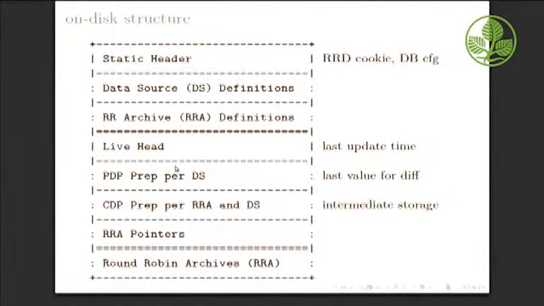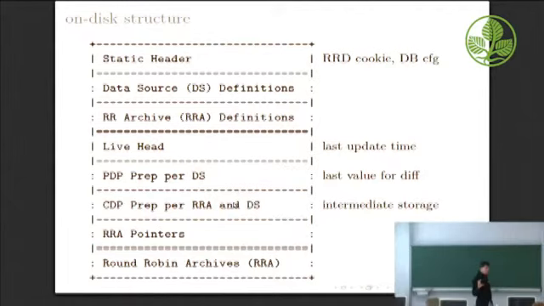is done so that there is a header part at the beginning where the static information is stored. So all the information about the structure of the database is stored at the beginning, followed by a live head. That's the area where all the data preparation is happening.